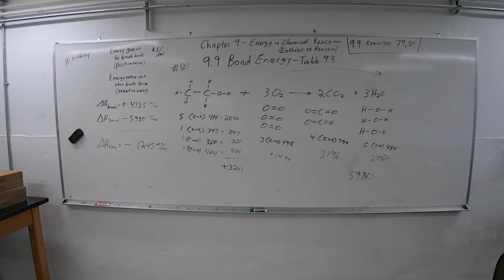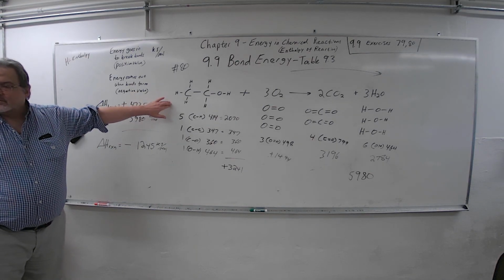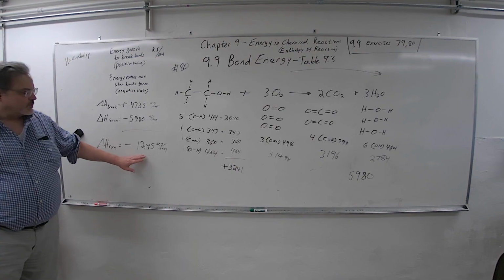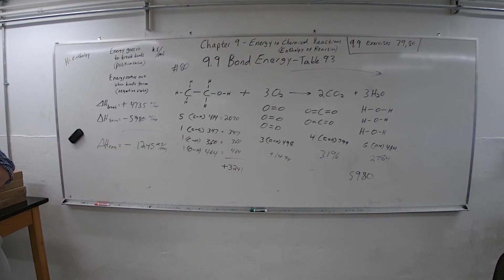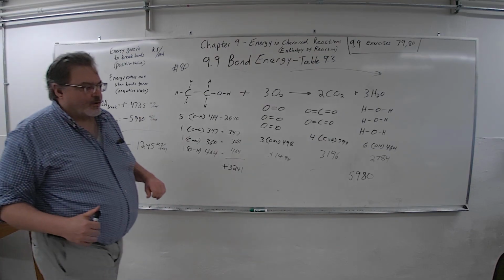Figure out which bonds are breaking, and then you just crunch all this math. You get an estimate. It's really an estimate. There are ways to measure this for real, and we'll cover that too, but this is one way to estimate the energy of a reaction, the enthalpy of a reaction.